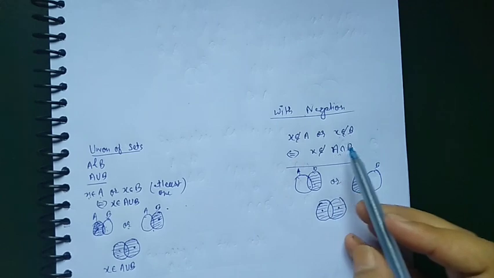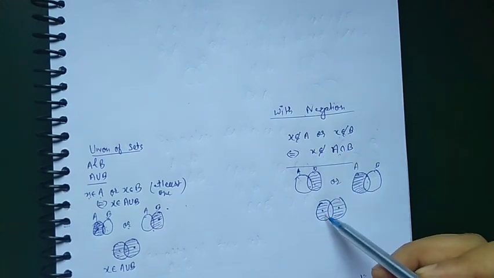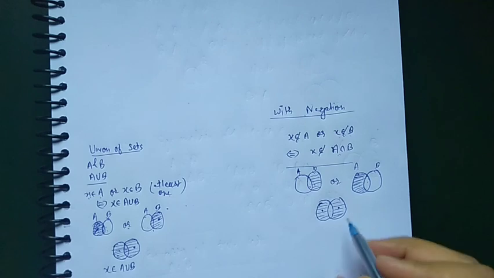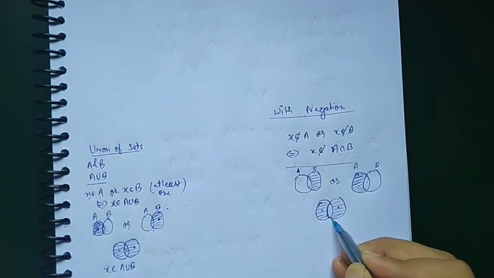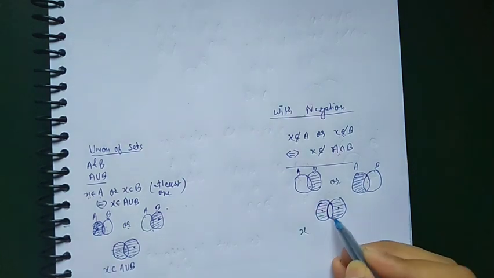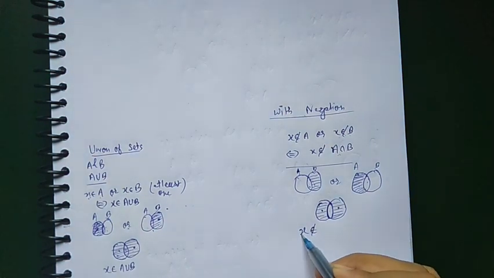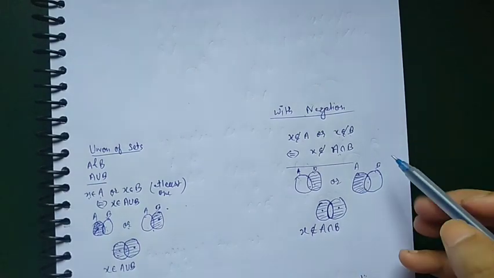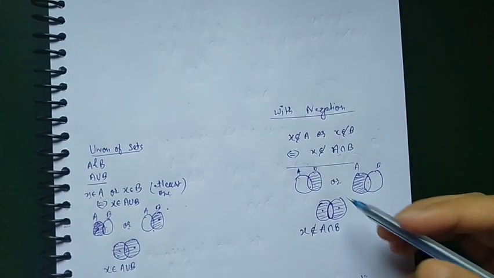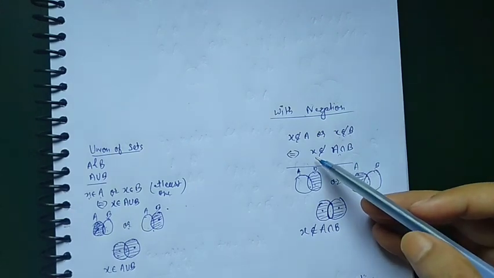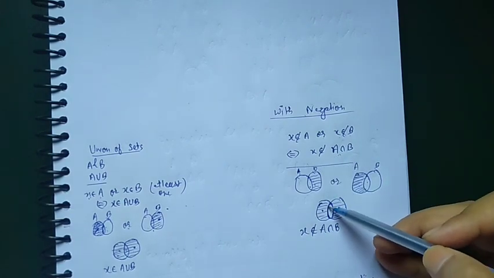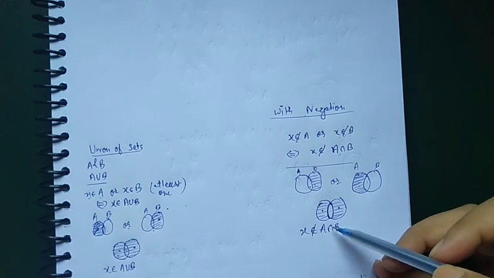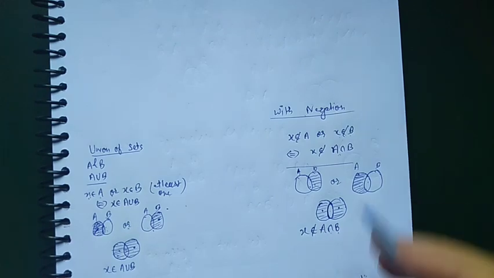So we have to find where in this region X doesn't belong. In this region of intersection of A and B, we can easily say that this region is empty, so we can imply that X doesn't belong to A intersection B. Here we have to find where X can't be lying. So in this region, A intersection B, X can't be lying.